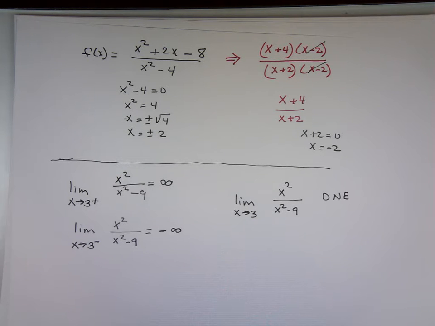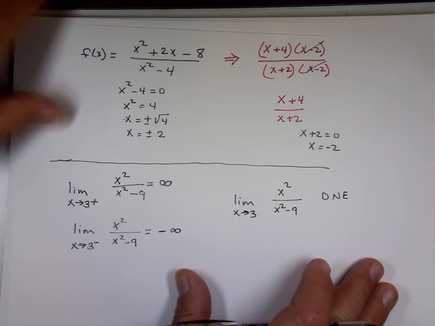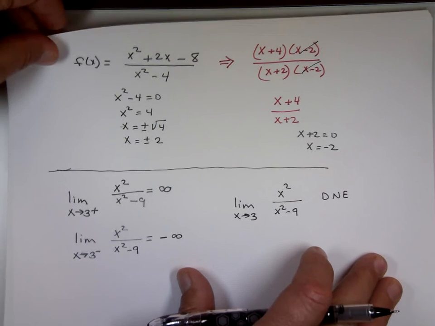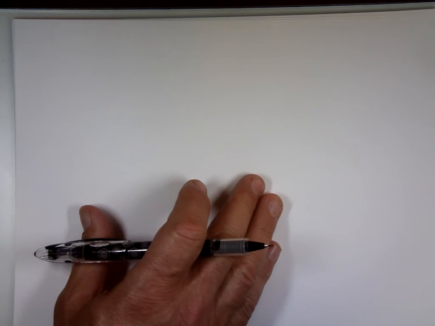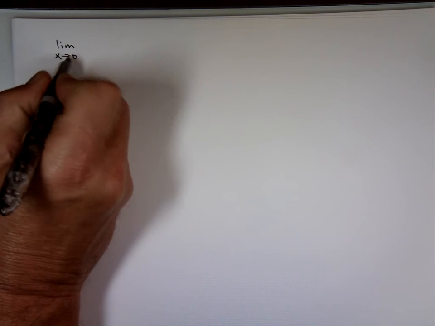Let's try another one without a graph in it. We said the table is the last resort, but in some of these cases you really can't simplify the problem. So you're stuck with it. We want it from the left side, the minus side only.